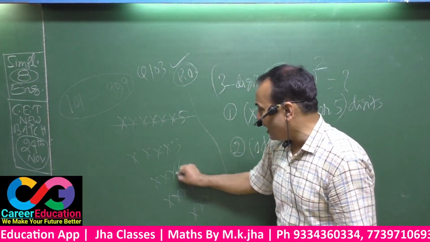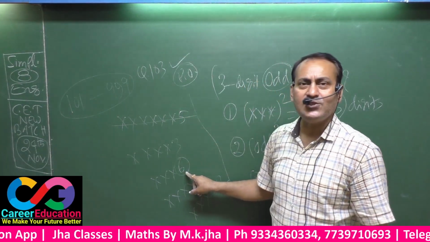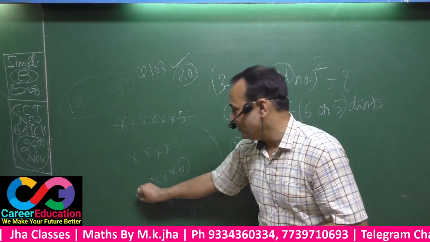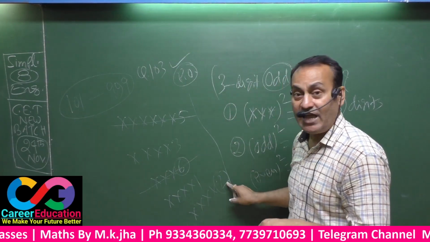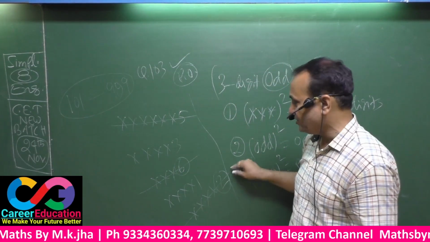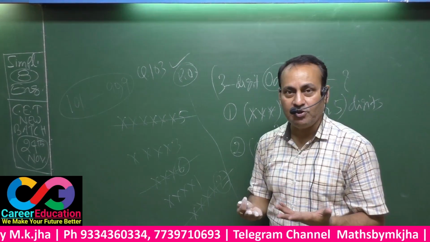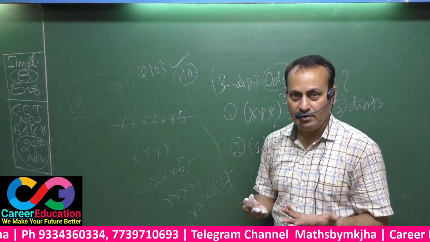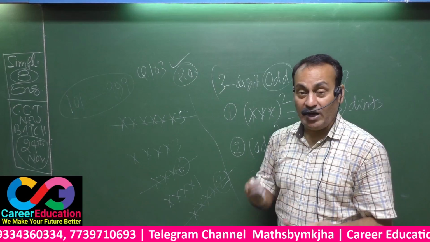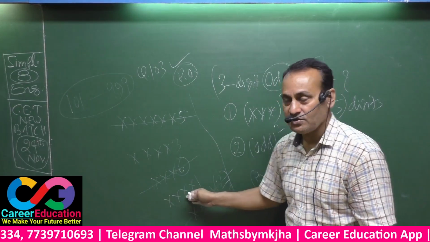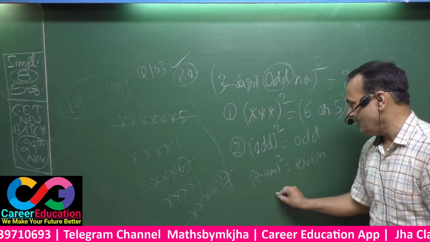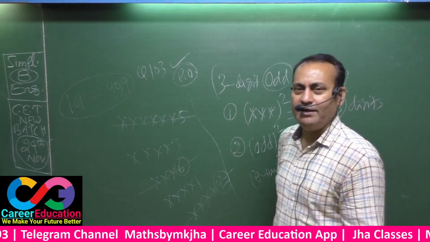See here, this can't be your answer as this is an even digit. This must be rejected. This is an even digit. This must be rejected. Then you have been left with only 2 options. Your answer is either this or this. But see here, the third rule must be applied here.